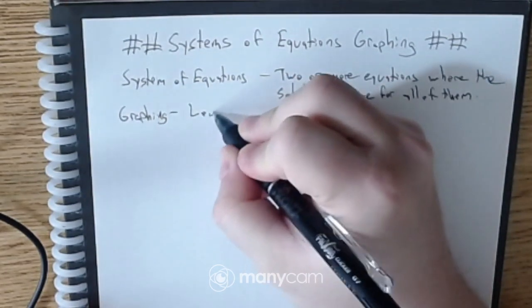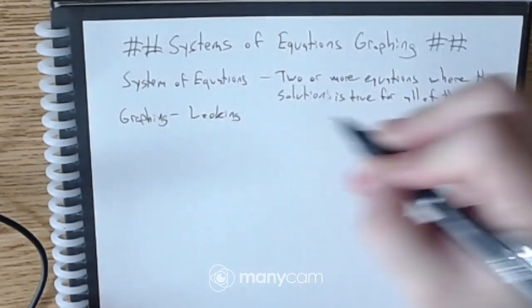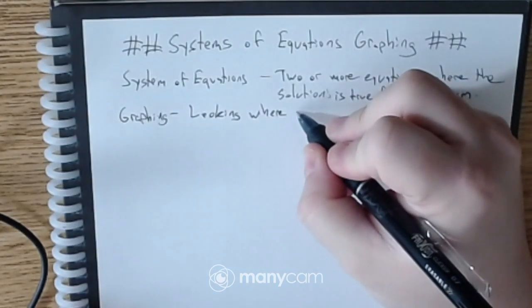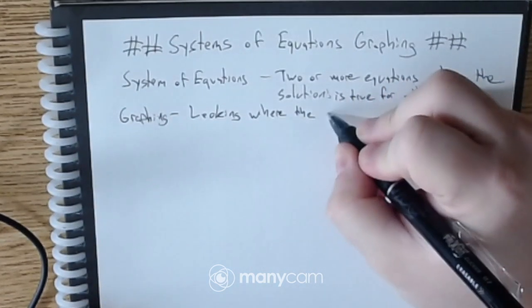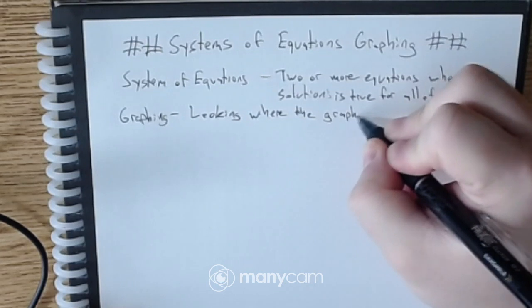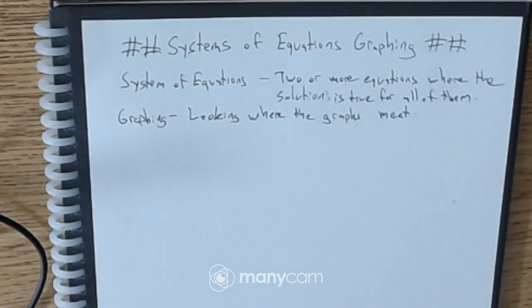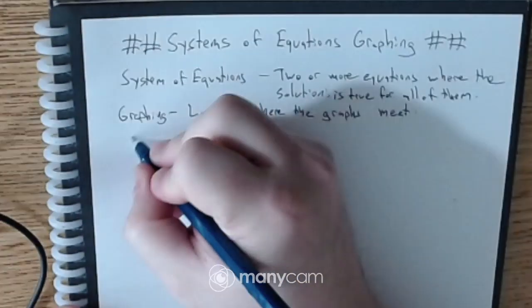We're looking for where two graphs meet, or more. So if I ask you to solve something by graphing, you're simply just going to graph both of them, or all three of them, or all four of them, and see where they meet.